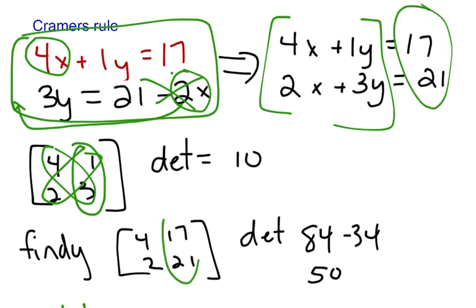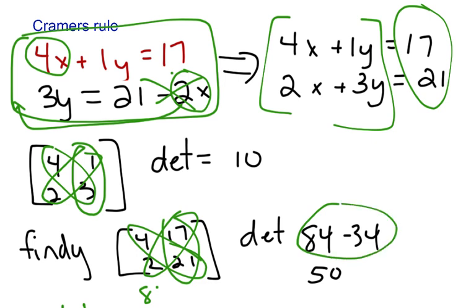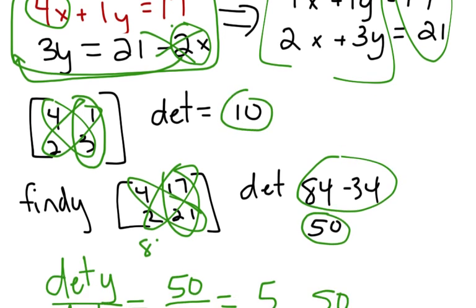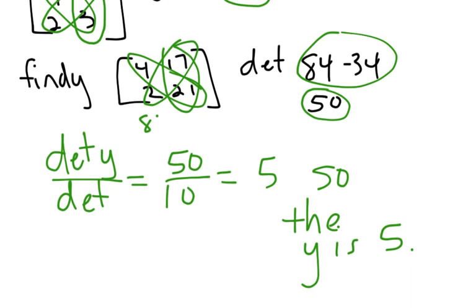Now the new determinant gives me 84 minus 34, which is 50. But the original determinant was 10. So the y is 50 divided by 10, which is 5. So the y is 5. That's just one of those things that we can do here.